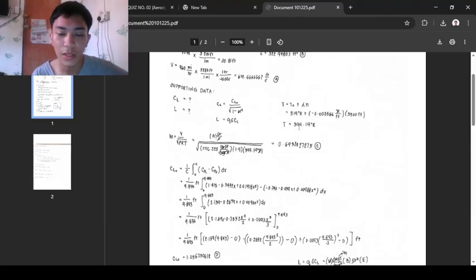So we're gonna input the temperature to compute for our Mach number. For the computation of Mach number, we have the formula M is equal to V over the speed of sound, or is equal to square root of gamma RT.